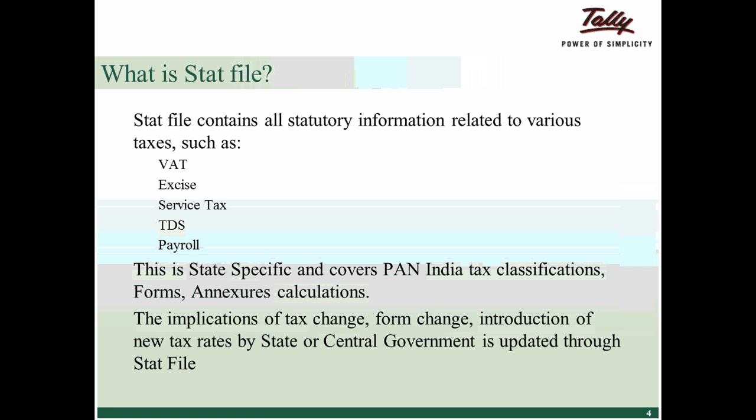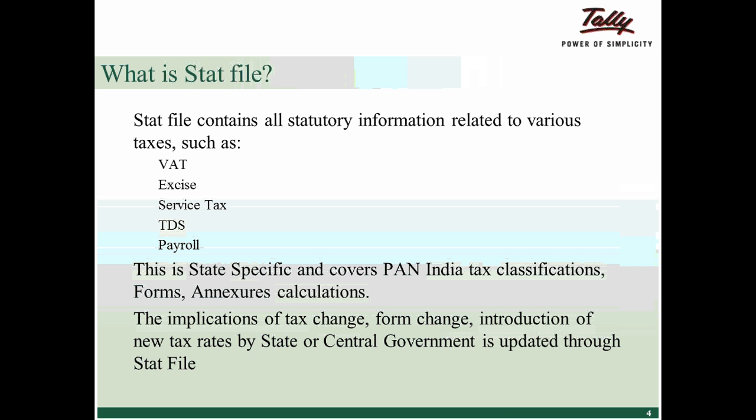Say for example, in Karnataka today, the tax rate is 5.5%. If the government increases the tax percentage from 5.5 to 6.5, then such changes will be updated in a stat file. So a stat file will be released.